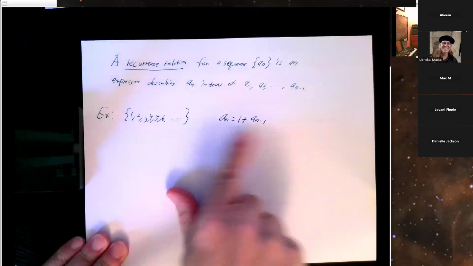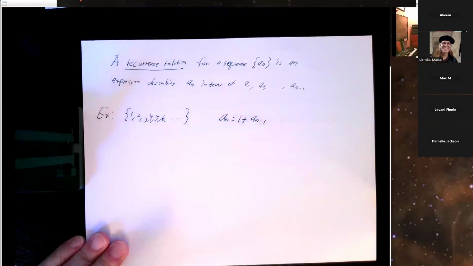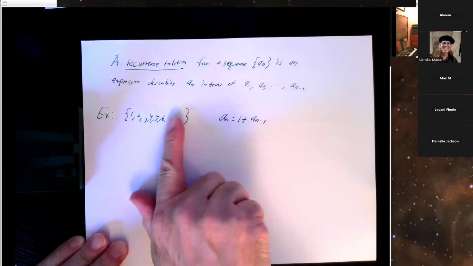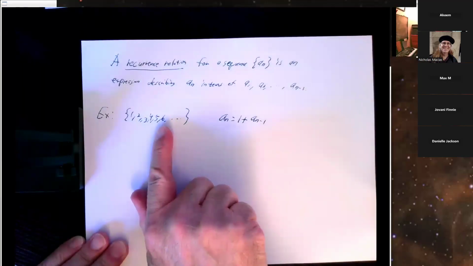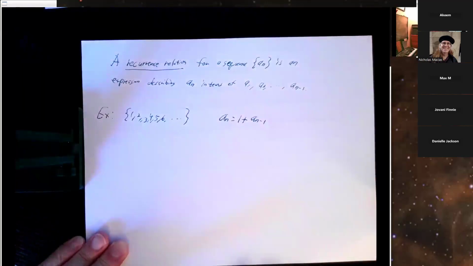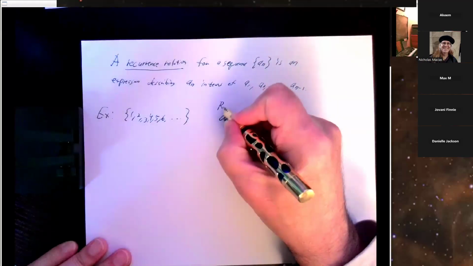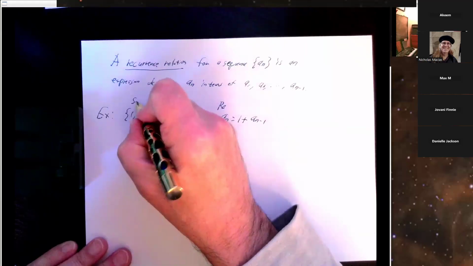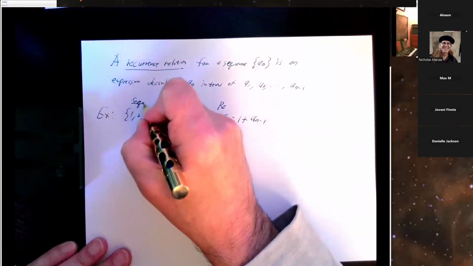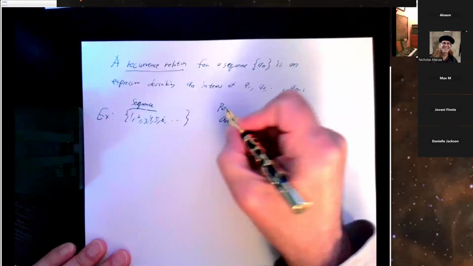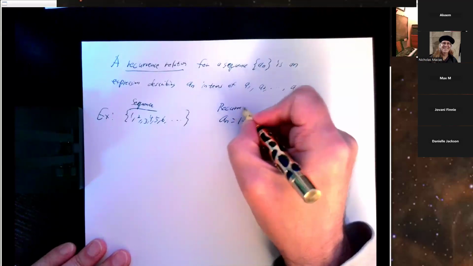So this formula describes this sequence. Says, hey, what's the seventh term going to be? Well, it's whatever the sixth term was. That was 6 plus 1 more. That tells me the seventh term is going to be 7. So this is a recurrence relation. This is a sequence. This is a recurrence relation.